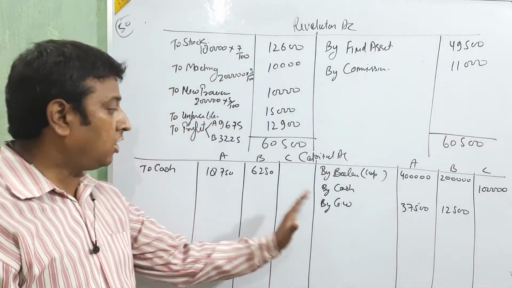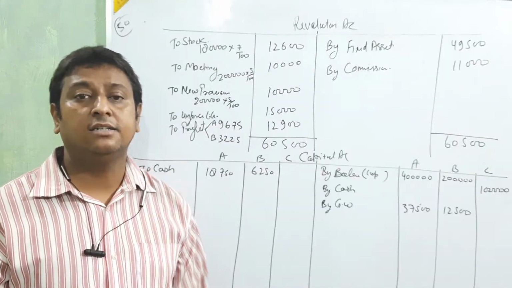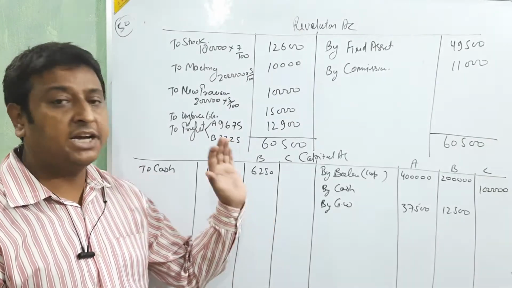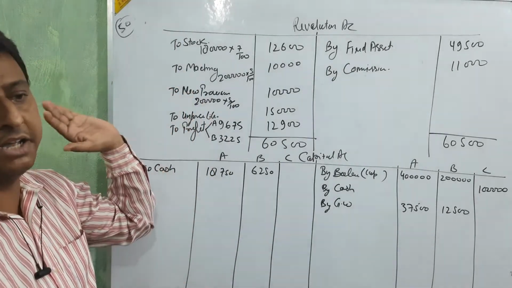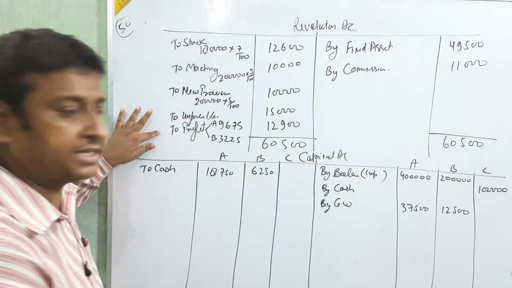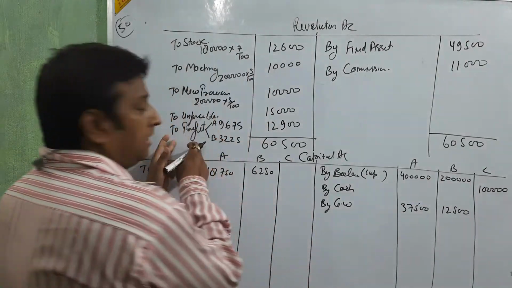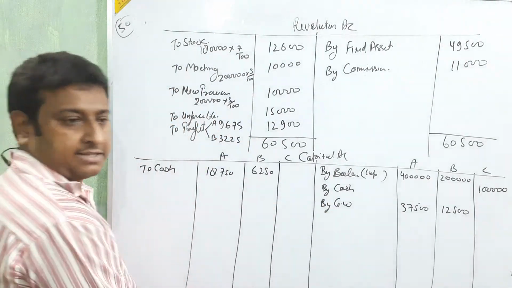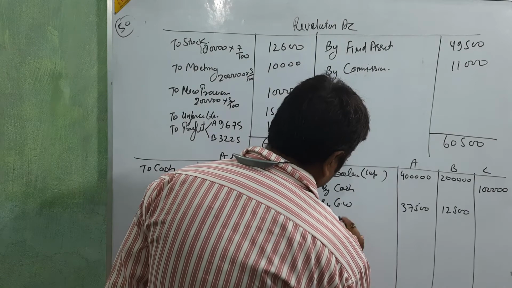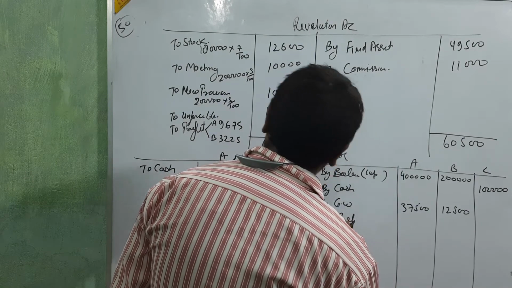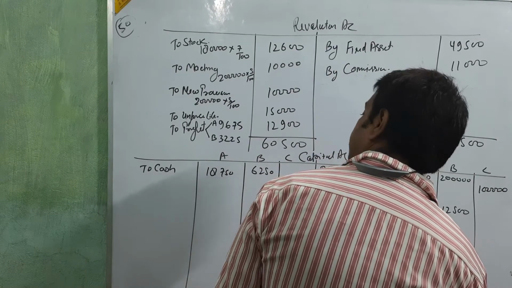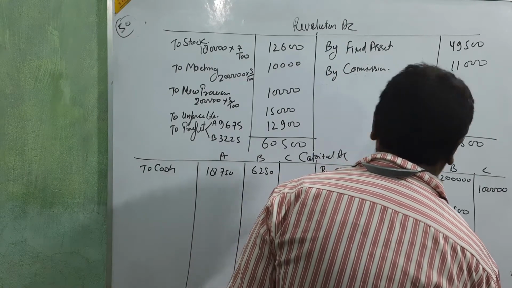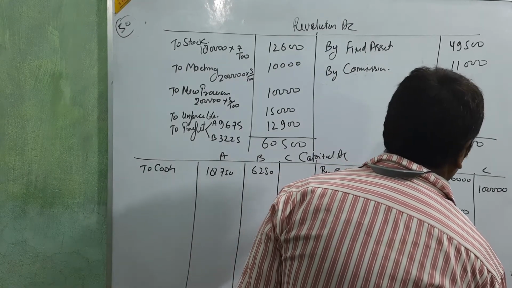Okay, all these we are posting by the entries. After that, we go to the revaluation account. What profit or loss is there? The profit on the debit side, we post on the credit side. By revaluation, the amount 9,675 and 3,225.